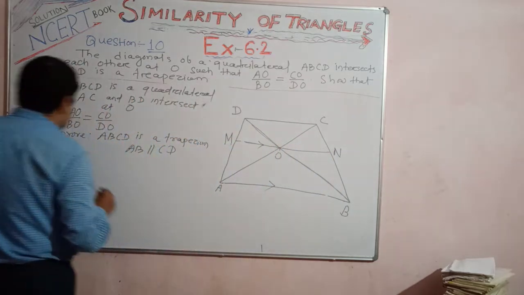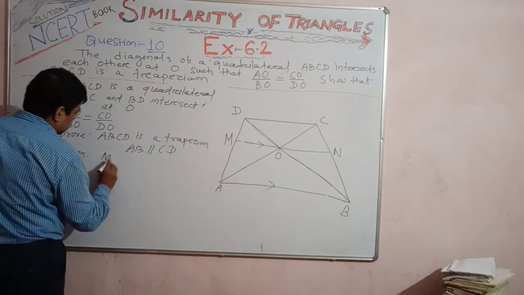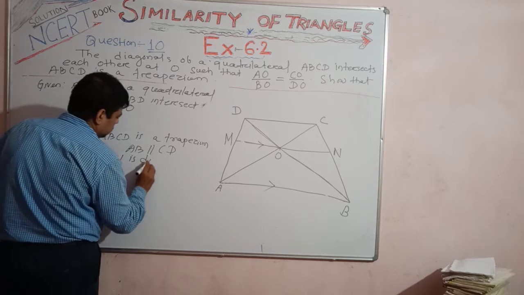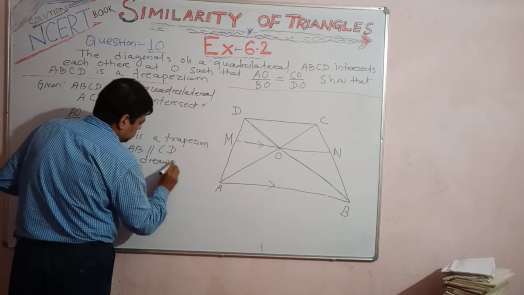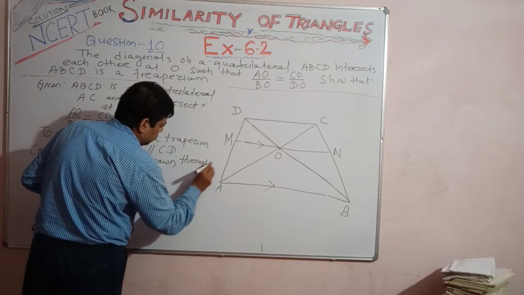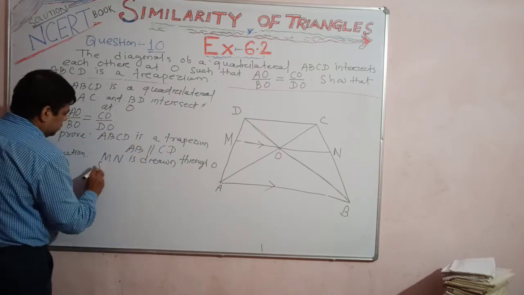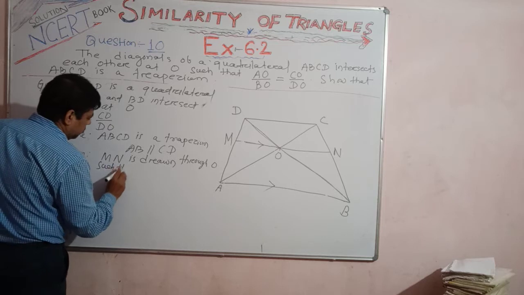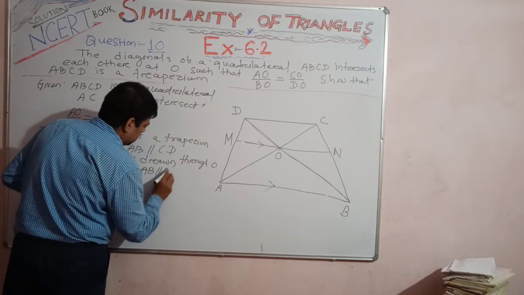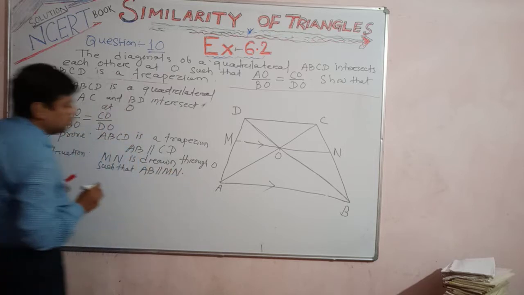Is it clear? Now the line MN is drawn through the point O such that AB is parallel to MN.